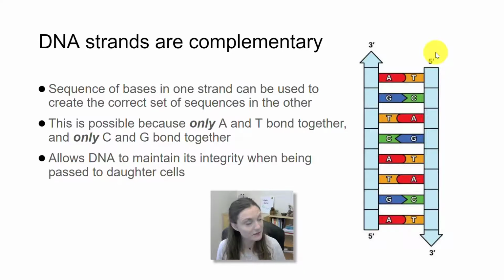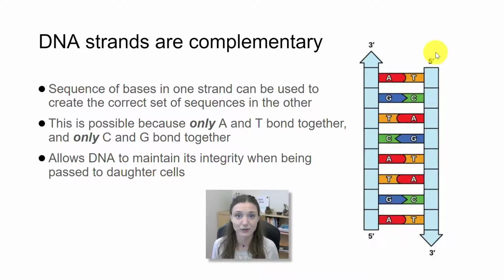So some enzymes will only read the original DNA moving 3' to 5'. So this directionality of DNA becomes really important when we understand how DNA replication occurs. Especially this anti-parallel nature of DNA explains why we have one strand that we call leading and one strand that we call lagging during DNA replication.